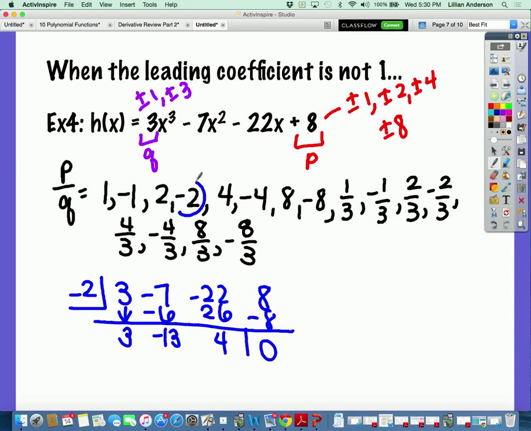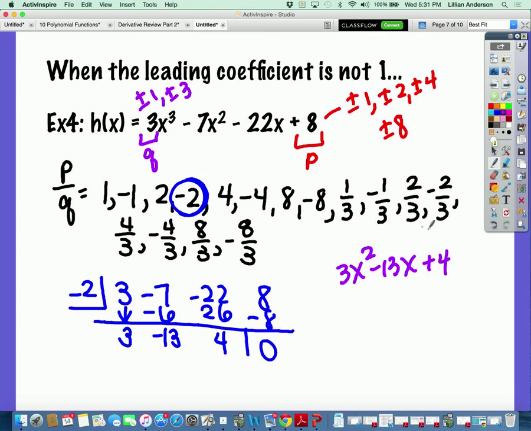So negative 2 is one of my rational zeros. Now do realize, since this is a cubic, I only need one of them. I don't have to keep testing all of them, because I can take this here, this quadratic, and then factor it to find my other possible rational zeros.